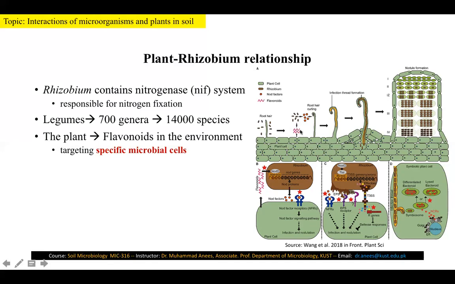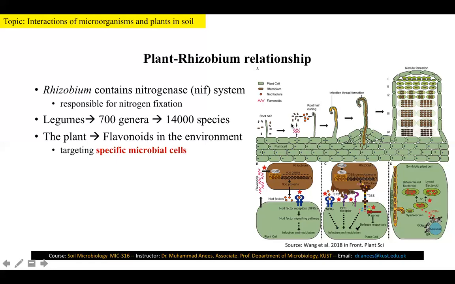Here you see these are the flavonoids produced by these plant cells. These flavonoids are specific to specific microbial cells. In this case, these flavonoids are specific for the rhizobial cells.